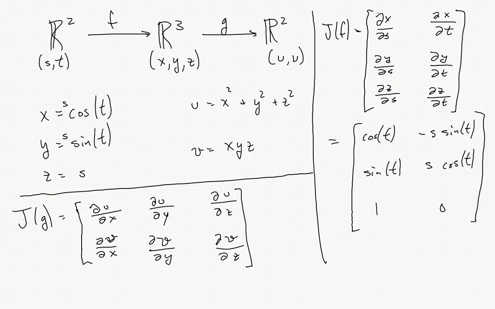Right, this will be 2x, 2y, 2z, and this will be yz, xz, and xy. So erase, I guess, this part.